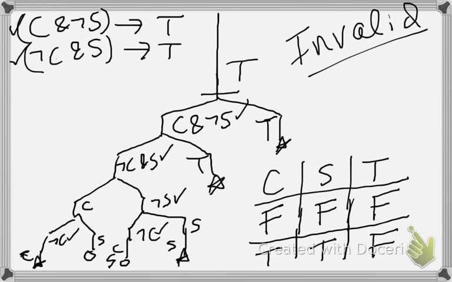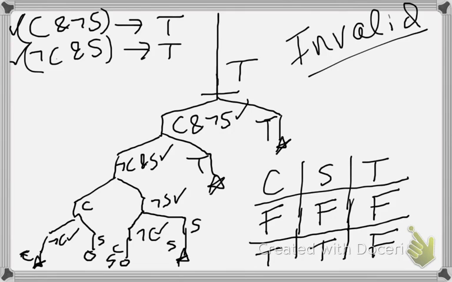The antecedent of the second premise will also be false, because C is true, so that makes not C false, which makes the antecedent false and then the conditional true. And here again T is false, so the conclusion is false.